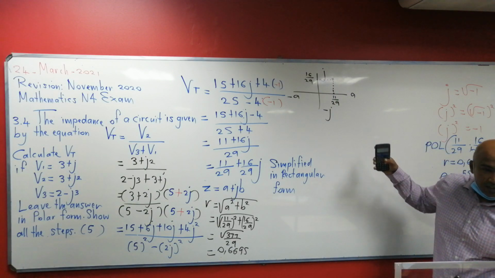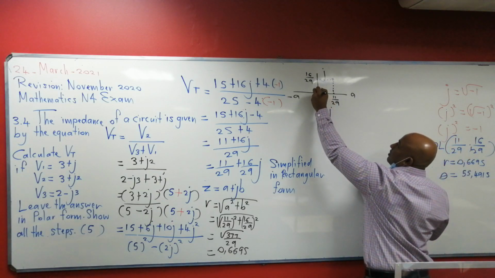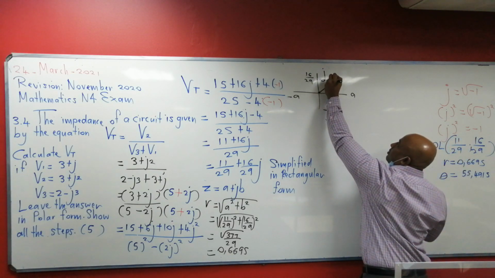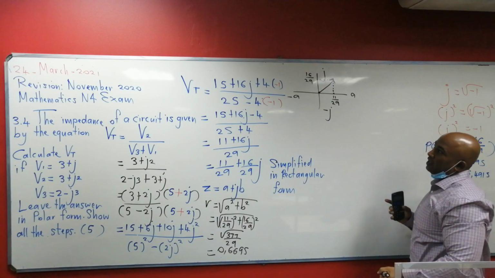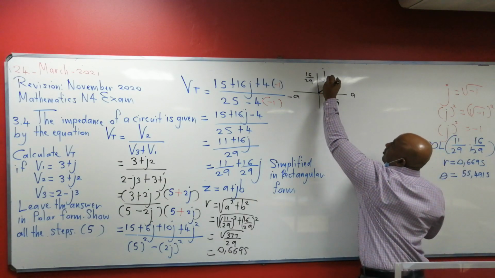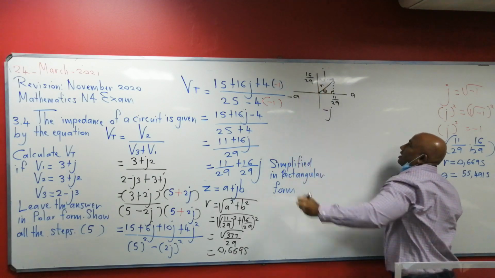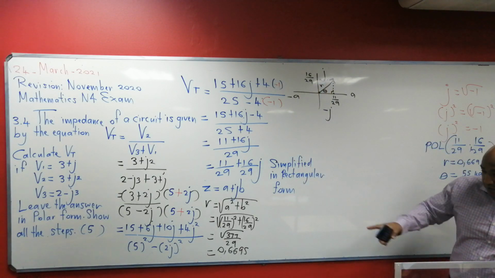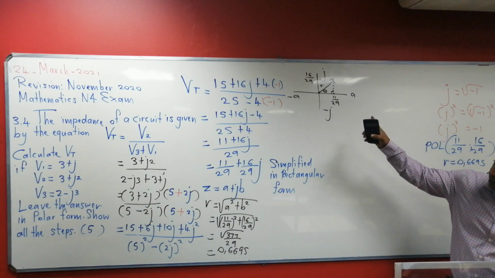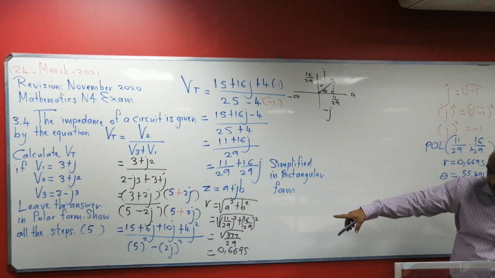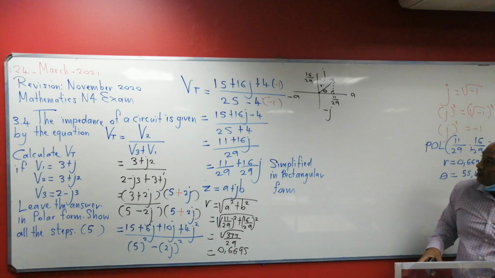Can you see that? So you draw a vector from the center to that point. You are forming a right angle triangle, and there is your theta, and there's your R. That's what we just found. Using the theorem of Pythagoras, I found R is equal to 0.6695.